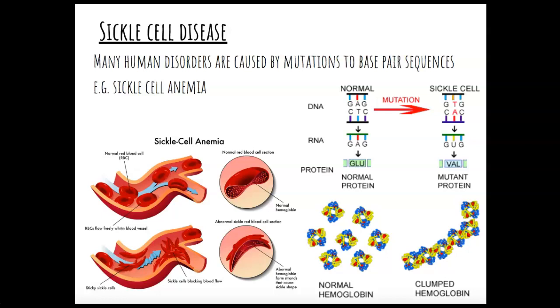So sickle cell disease is a human disorder that is caused by a mutation to a single base pair sequence. So when this mutation occurs, instead of the DNA coding for glutamine, it codes for valine. Sickle cell disease affects your hemoglobin, which is in the cells in your blood that carry oxygen around your body.